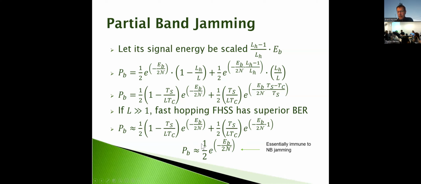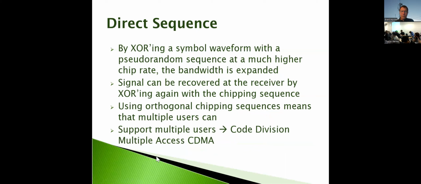Fast frequency hopping spread spectrum is able to approach total immunity to a narrowband static jammer, and that's why it's used in these high-end military systems.